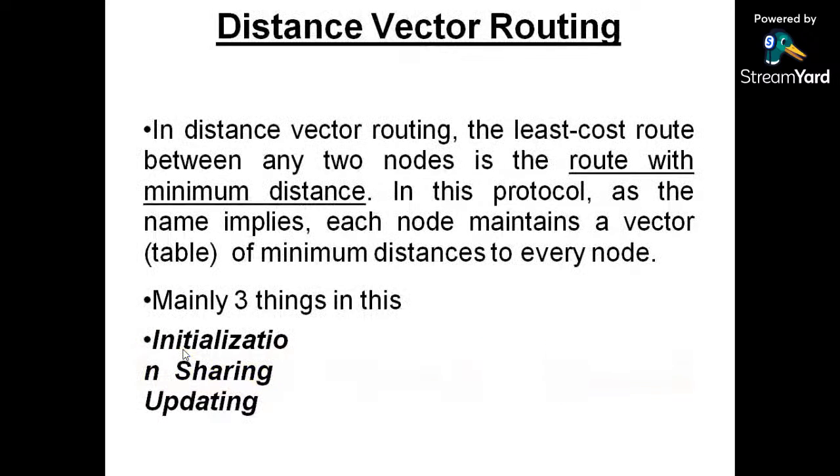So let's see distance vector routing. In distance vector routing, the least cost route between any two nodes is the route with the minimum distance. In this protocol, as the name implies, each node maintains a vector or a table of minimum distances to every node.